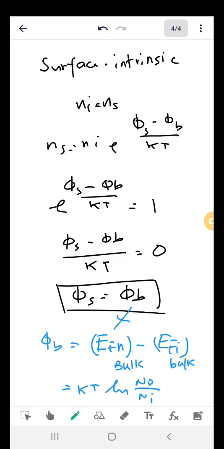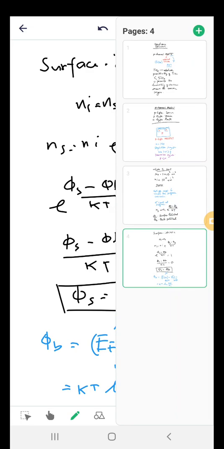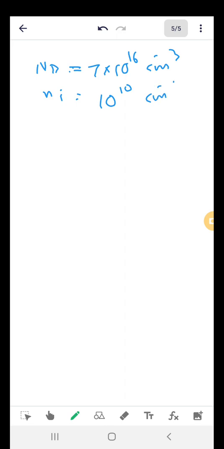So we started with ND equal to 7 into 10 to the power 16 per centimeter cube, the donor concentration, and the intrinsic carrier concentration was 10 to the power 10 per centimeter cube.